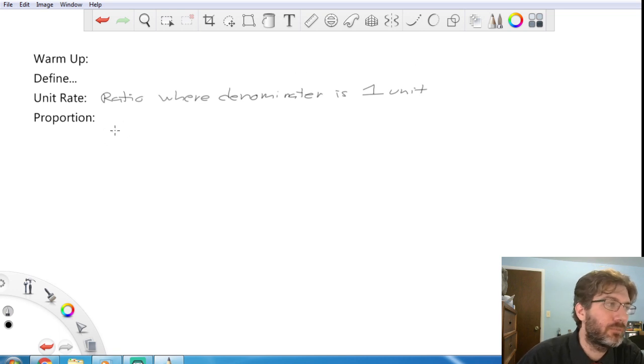In your proportion, you want to think of your proportion as two fractions that are equal to each other. And keep in mind that if this is true, then your cross products will be true.